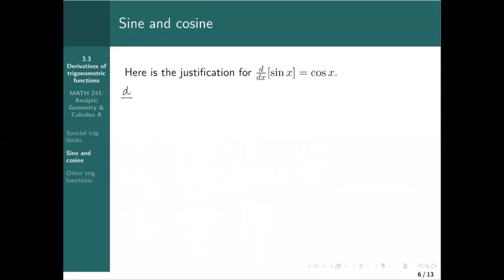So we are going to use the limit definition of the derivative. So that's the limit as h goes to 0 of sine of x plus h minus sine of x over h. Now we are going to use a trigonometric identity to substitute sine of x plus h.